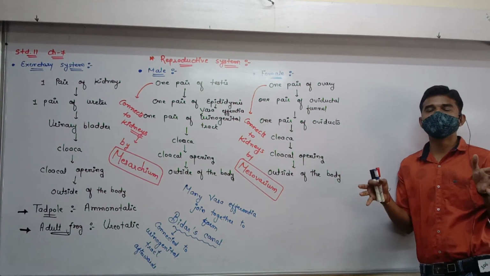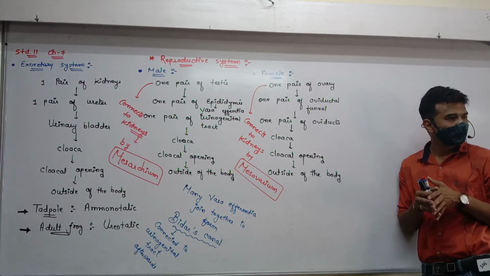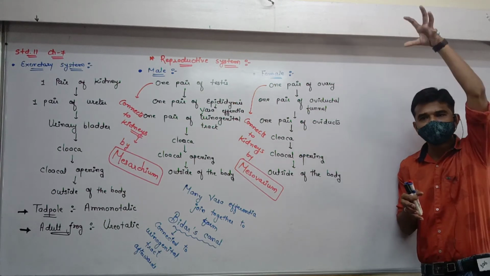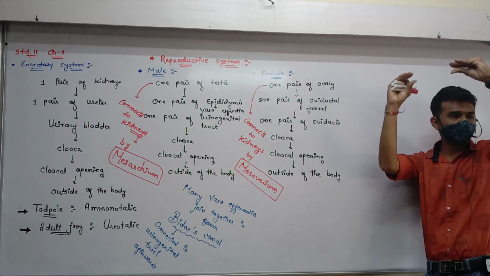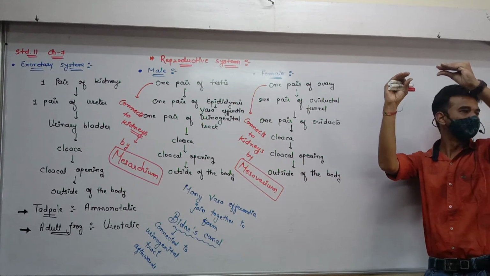So ova are present in the abdominal cavity now. Over the kidneys, small openings are there in the female reproductive system of the frog.